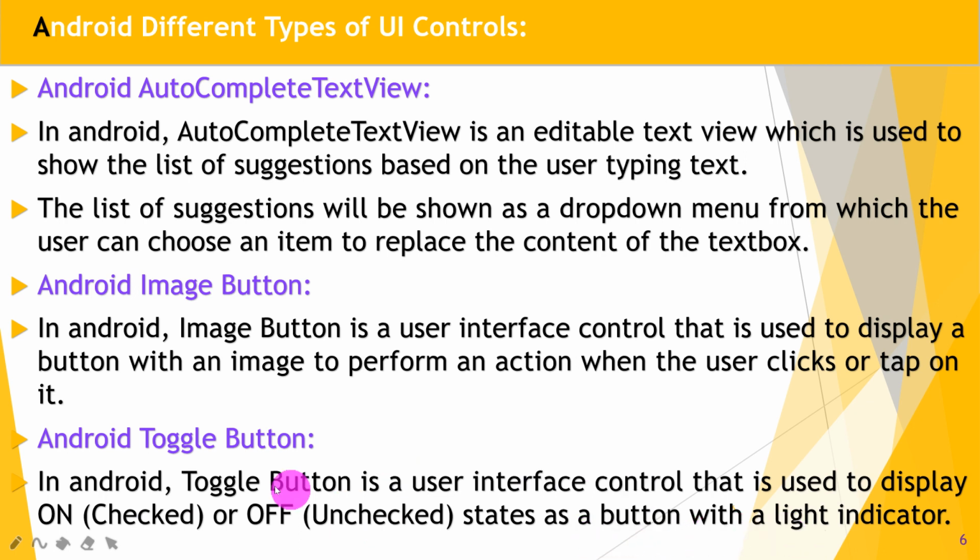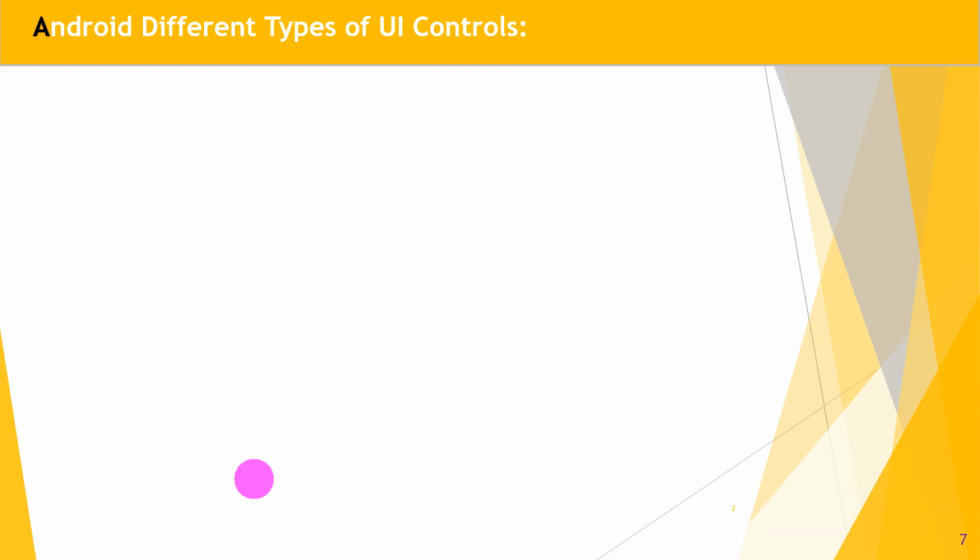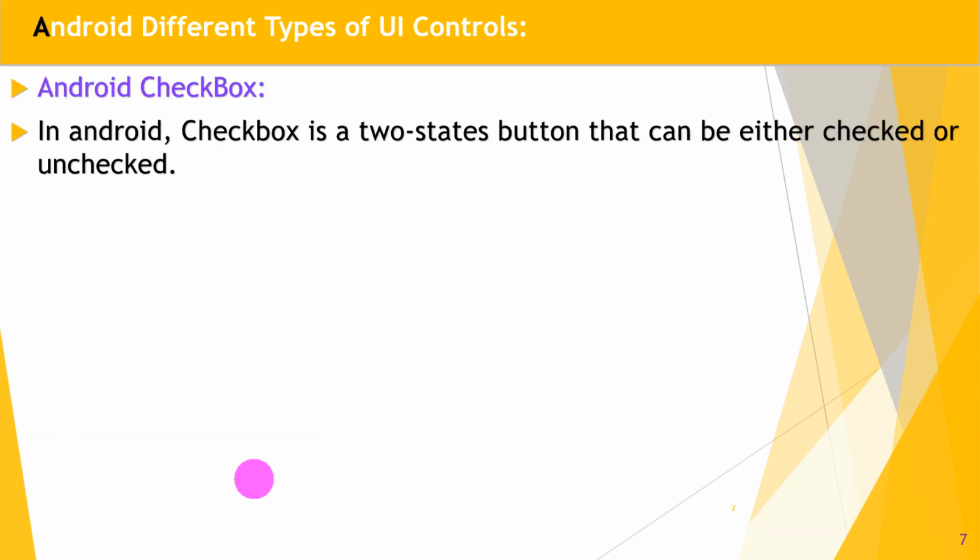So this is a somewhat different button. Different types of buttons are there: simple button, image button, toggle button in Android. Great. Guys, hope you understand these different UI controls. If you have any doubts, let me know and write your query in the chat window or comment box.